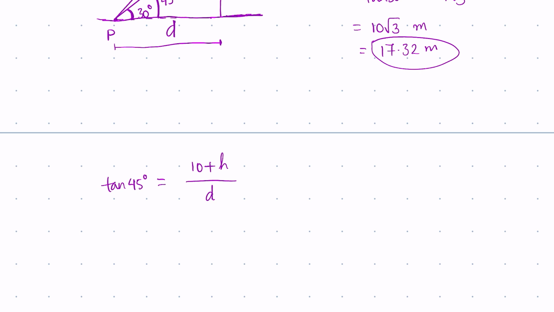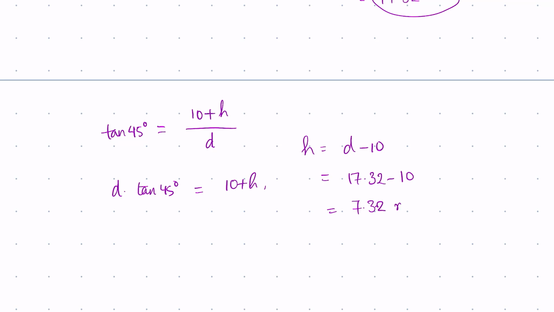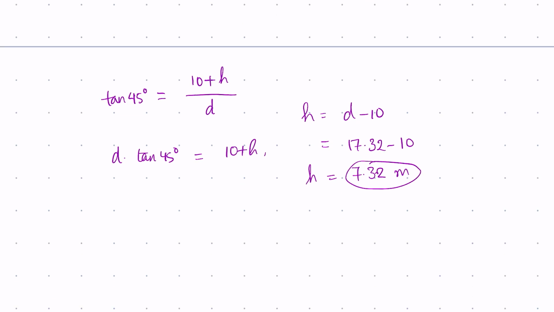Tan 45 is 1, therefore d times tan 45 is equal to 10 plus h, or h is d minus 10, which is 17.32 minus 10, which is equal to 7.32 meters. So those were the two things that we needed to find, and we found them.